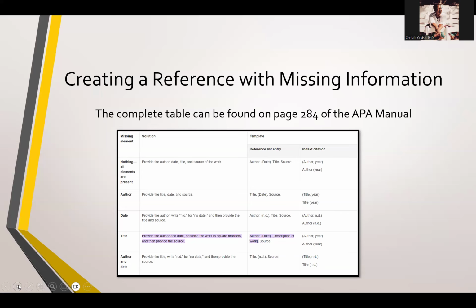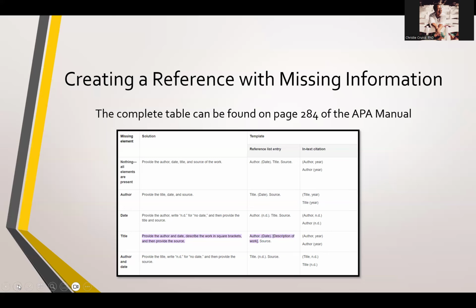Then you want to just go to the next thing in line. You want to provide the title, the date, and then the source. If the date is missing, then you want to use N period, D period for no date. You put that in the parentheses, and then you move through title, source.